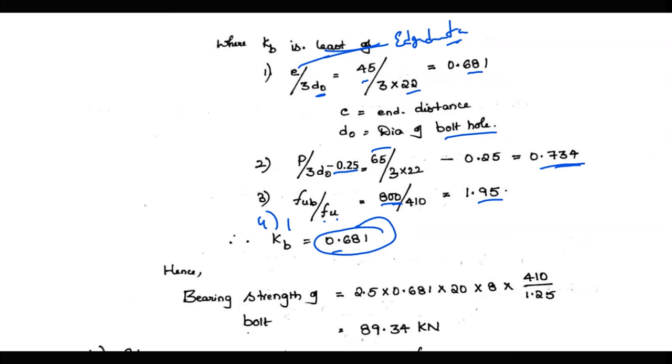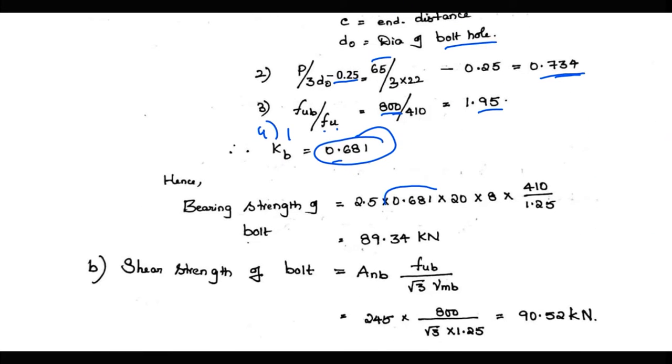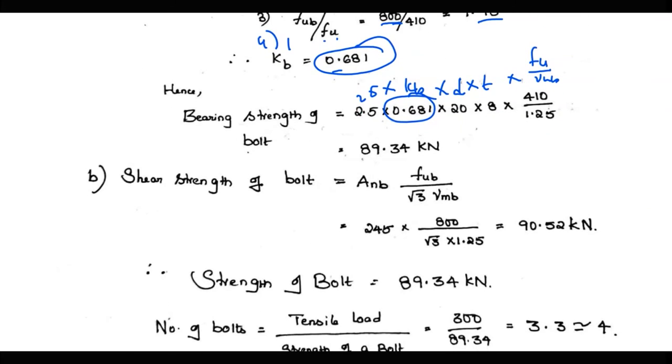And e by 3d0 is 0.681. So the least of these values is 0.681. Substituting that value in 2.5 into kb into d into t into fu by gamma mb, you get a value of 89.34 kilonewton. So this is the strength of the bolt in bearing.